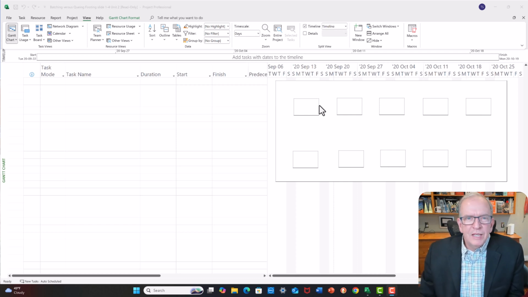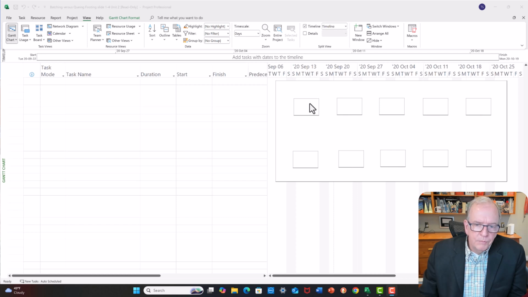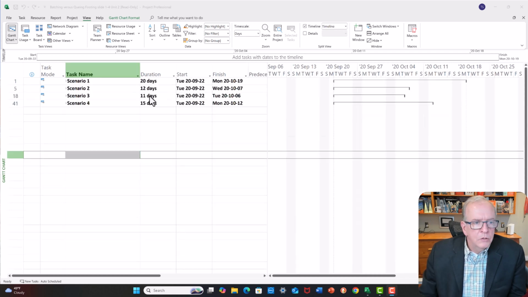But the reality is they don't always need that extra space. And so right now they're saying that they would want that whole entire space, and we're going to go about putting together a schedule based on them having that entire space. So before I jump, we've got 1, 2, 3, 4, 5, 6, 7, 8, 9, 10 footings.